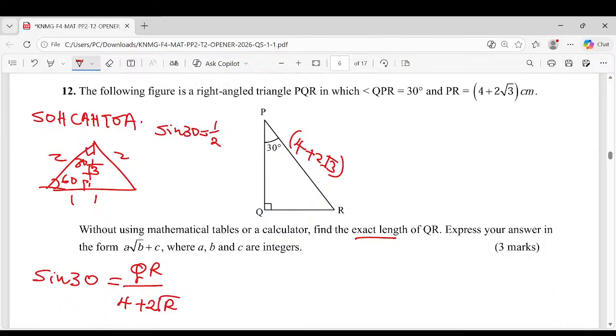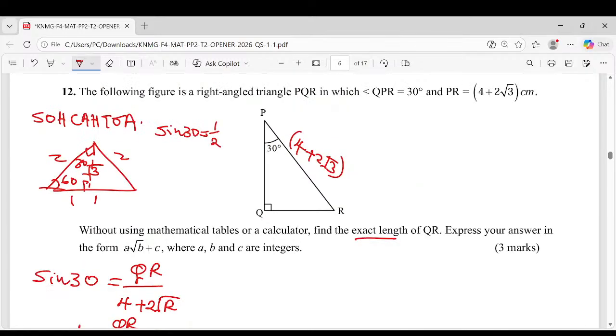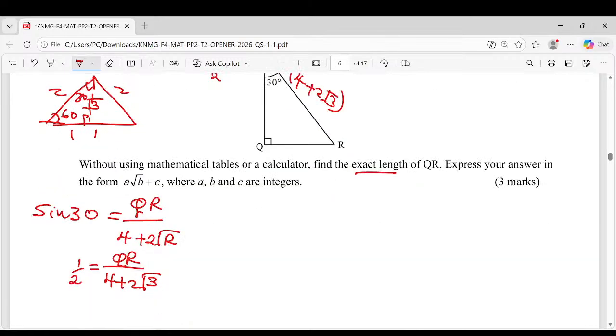So this is like saying a half is equal to QR all over 4 plus 2 root 3. It should be root 3, not root r.